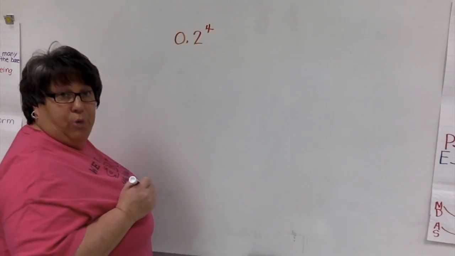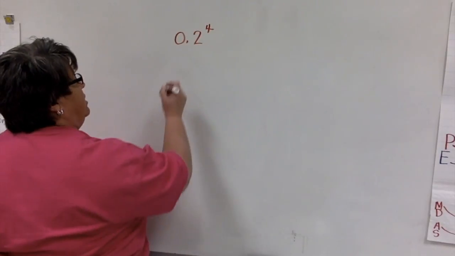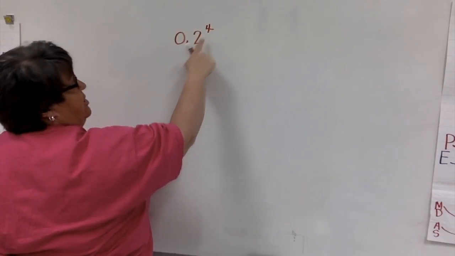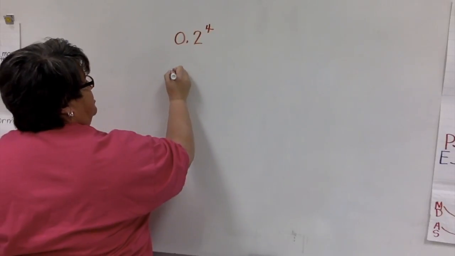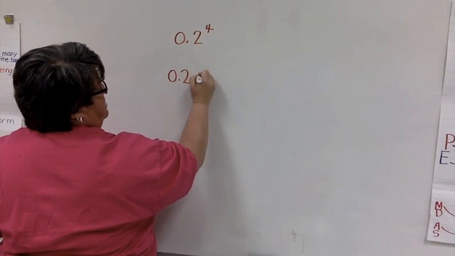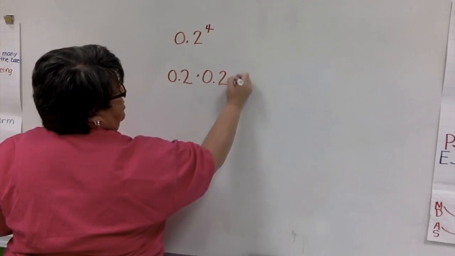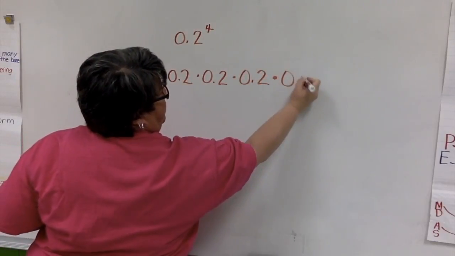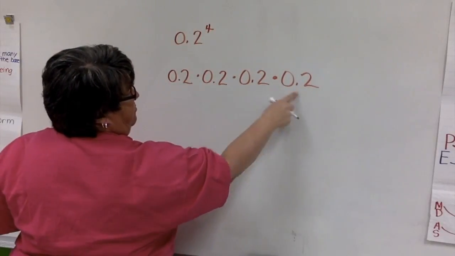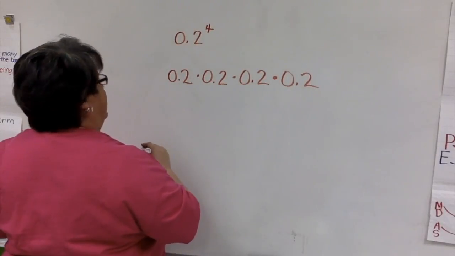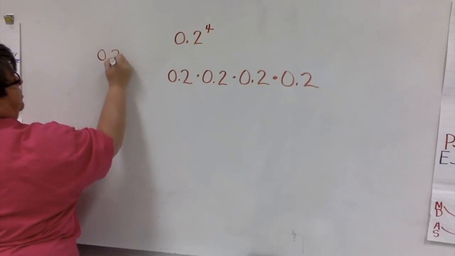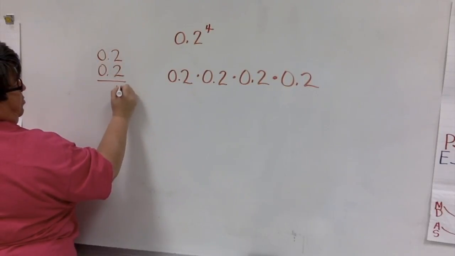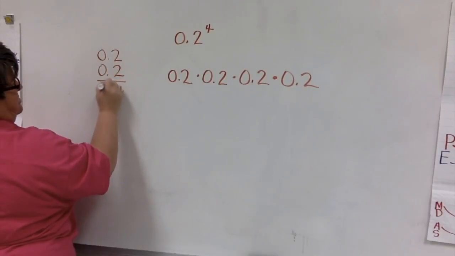Okay, hopefully you've worked it out and now you're checking your work. So 0.2 or 2/10 to the power of 4. So 0.2 times 0.2 times 0.2 times 0.2. 1, 2, 3, 4. Okay, so 0.2 times 0.2. 2 times 2 is 4. 2 times 0 is 0.